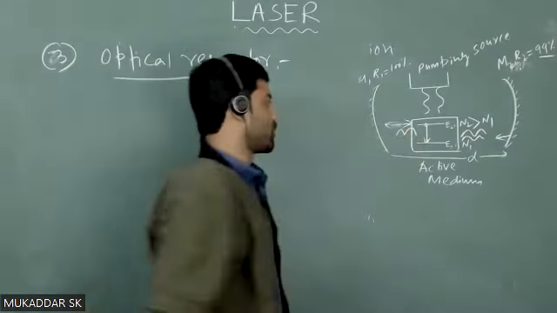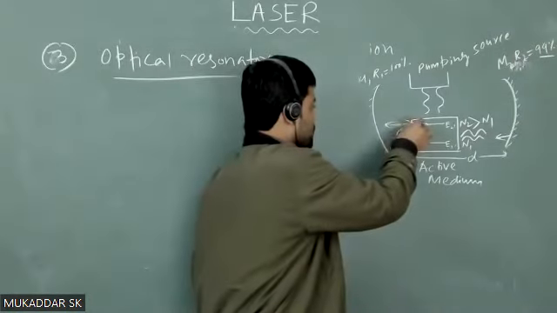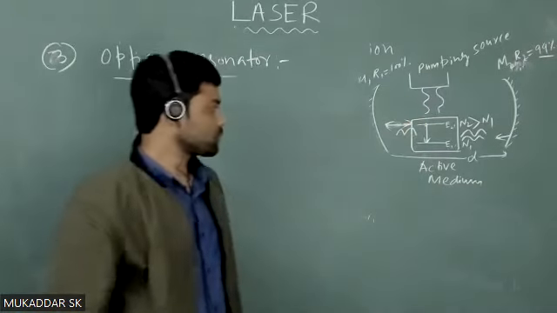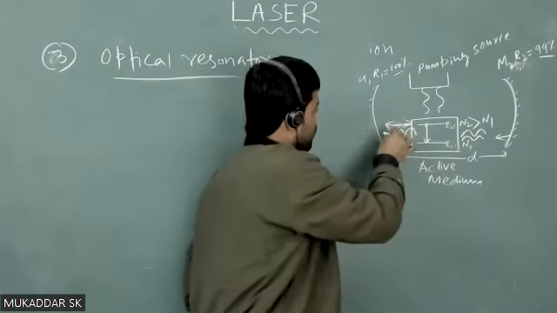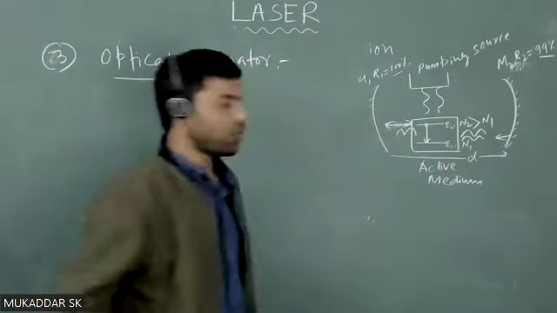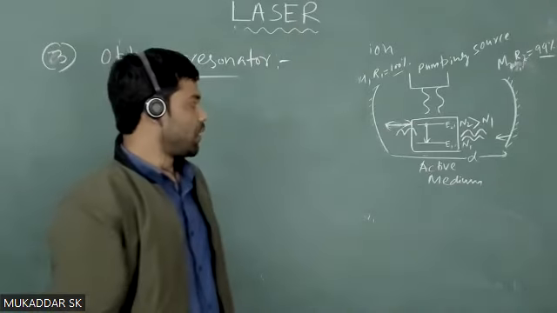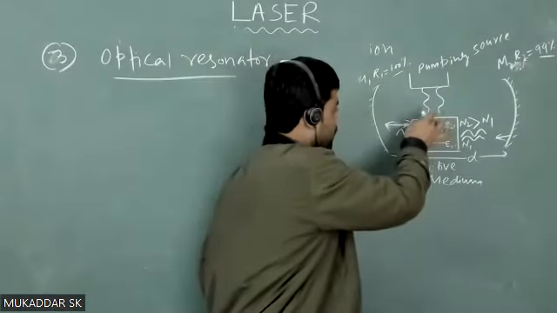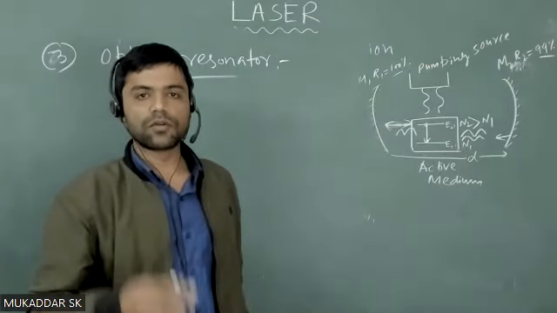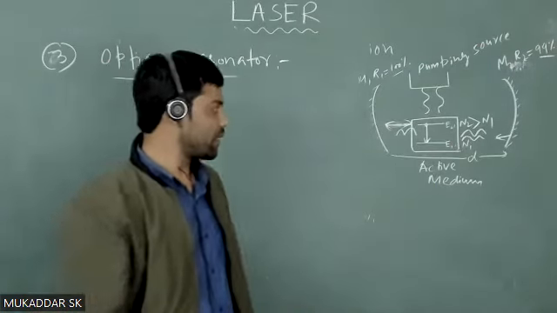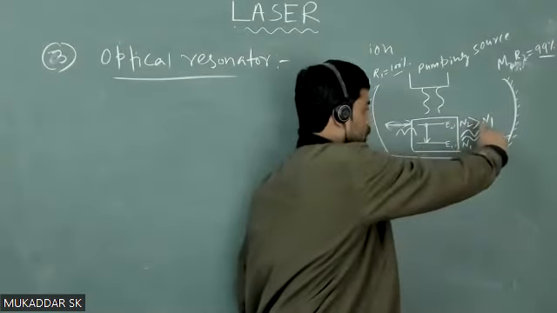Let us assume this photon is traveling in this direction. Due to high reflectivity, the photon will be reflected and go in the forward direction. This photon will interact with atoms at level E2 and cause stimulated emission. As a result, you will have two photons moving in the forward direction.